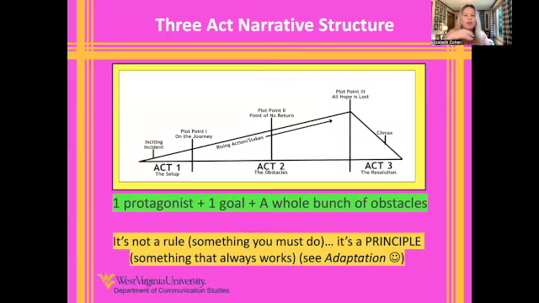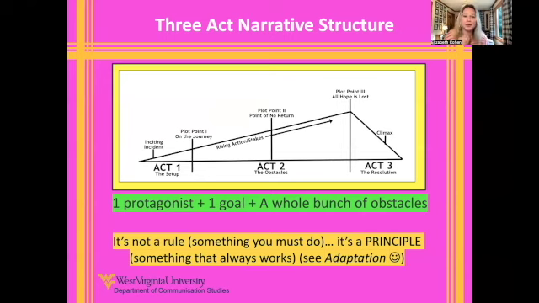So most screenplays follow what we call a three-act narrative structure. And really, most of them do. And this is really important. This is the type of thing that might repeat some of the things you could have learned in literature classes or other classes that focus on story, because it's very common, right?